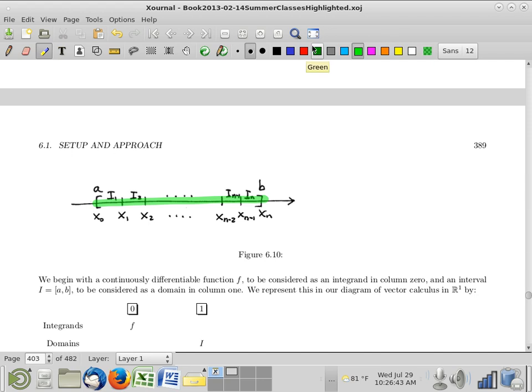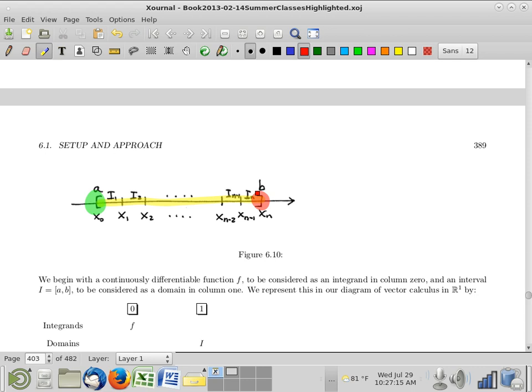I'm going to use yellow for the interval, green for the starting point and red for the ending point. Street sign motivated. So green is negatively oriented, and red is positively oriented, given the convention on orientations that we talked about. So it's positively oriented b and negatively oriented a.